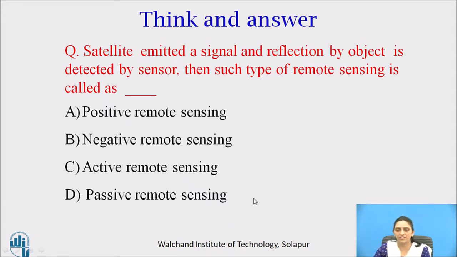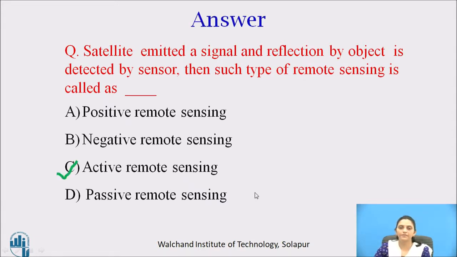You pause the video and answer the question. Here is the answer. If the satellite itself emitted a signal, then it is playing the role of source. So this is called active remote sensing. So the correct answer is active remote sensing.